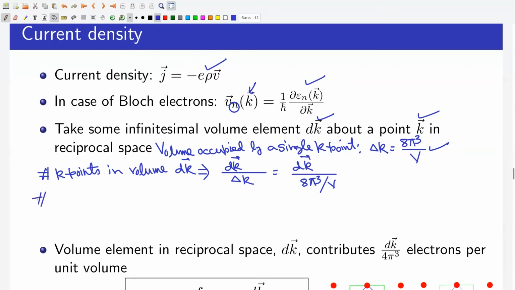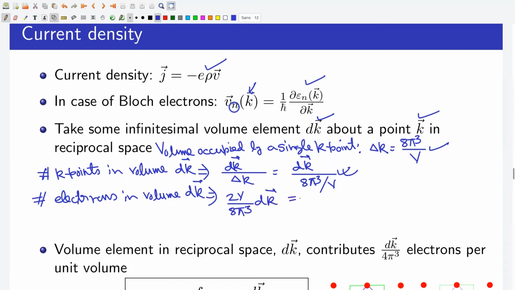Thus, to get the number of electrons in volume dk, we just take this number and multiply it by 2, and we get 2V by 8 pi cubed dk, which is equal to V by 4 pi cubed dk.